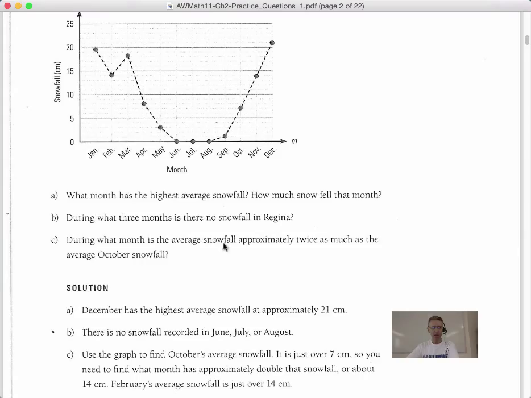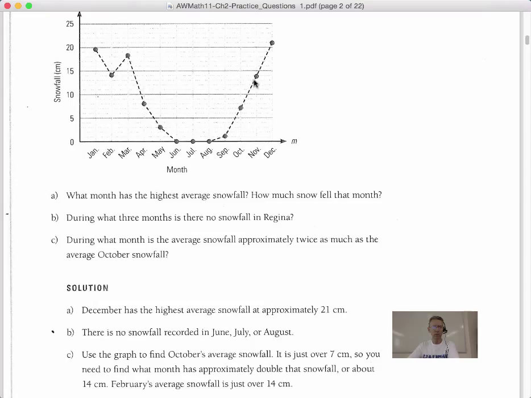During what month is the average snowfall approximately twice as much as the average October? What month has twice as much as October? So we have to look at October. October looks like it's about 7. That's 5, 6, 7. So we want something in the region of 14, and that's here.